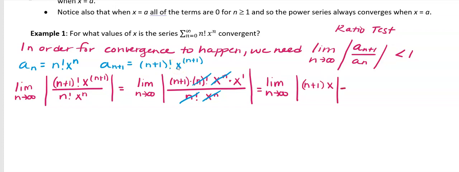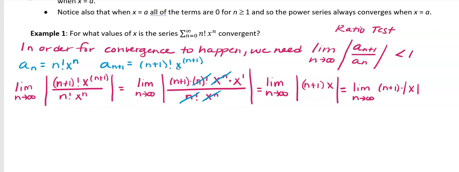Now, because the n plus 1 part of this limit is never going to be negative, since our n values are from 0 to infinity, we can actually take that n plus 1 part out of the absolute value and just keep the absolute value of x inside of the absolute value.